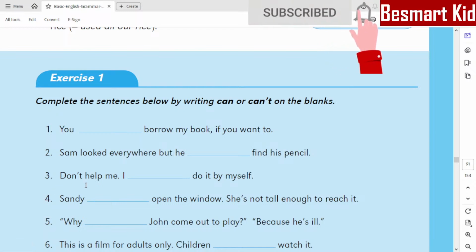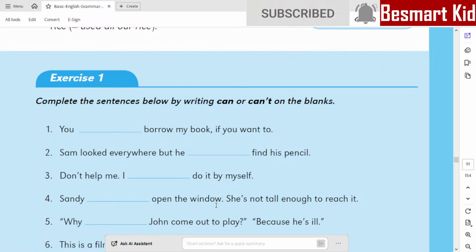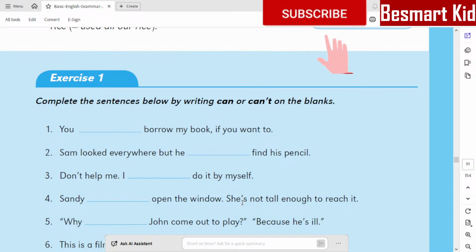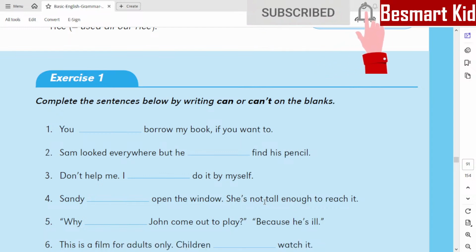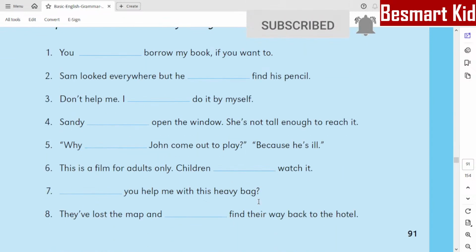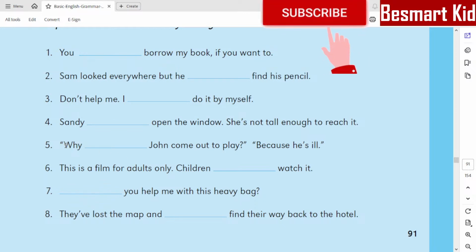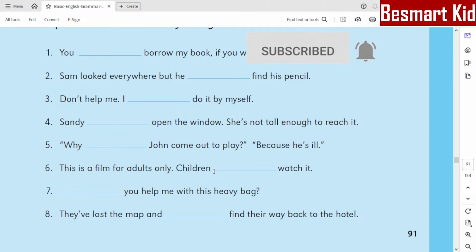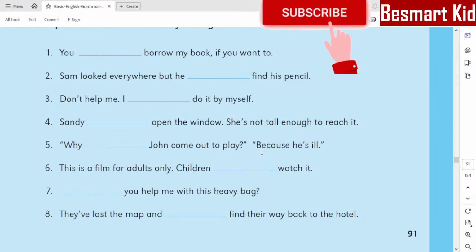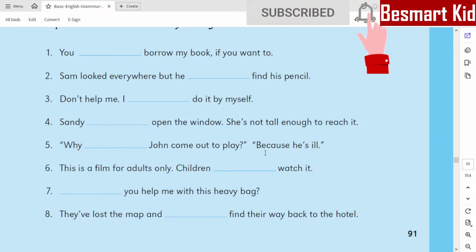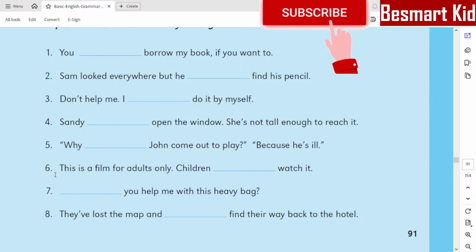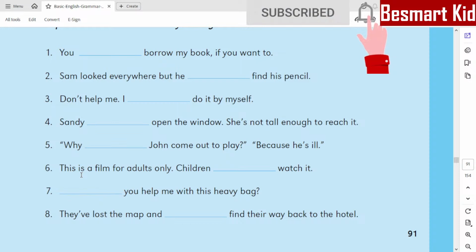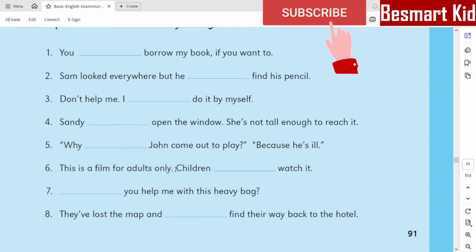Fourth, Sandy dash open the window. She's not tall enough to reach it. Fifth, why dash John come out to play? Because he is ill. Six, this is a film for adults only.